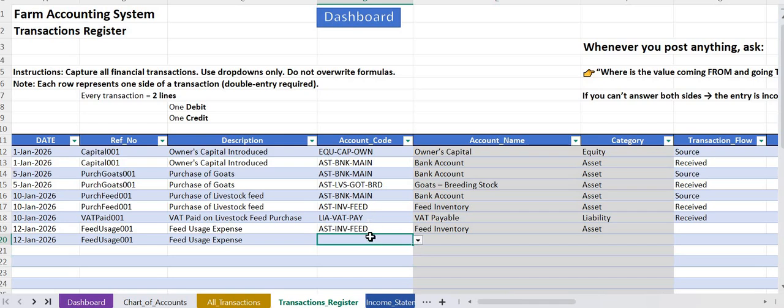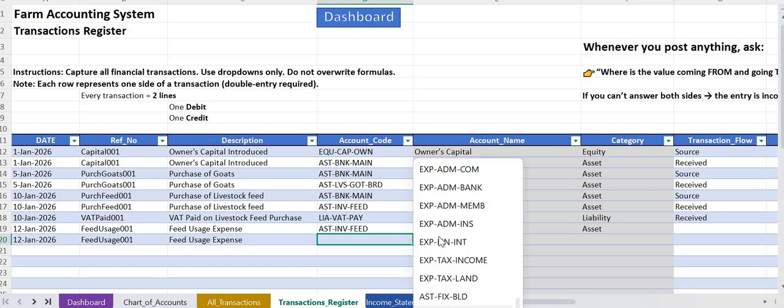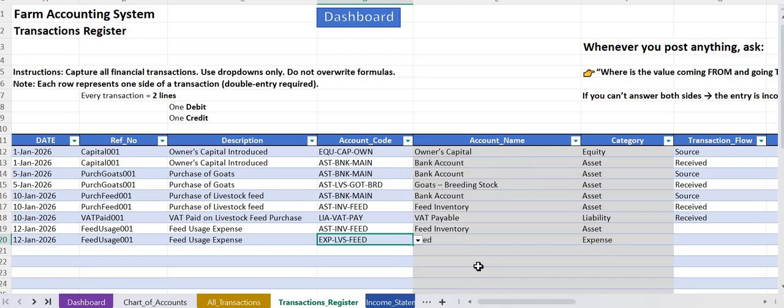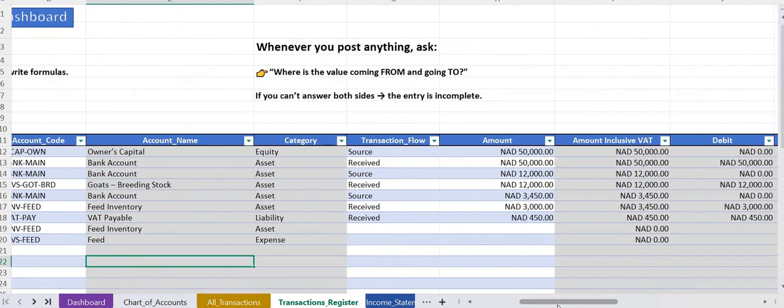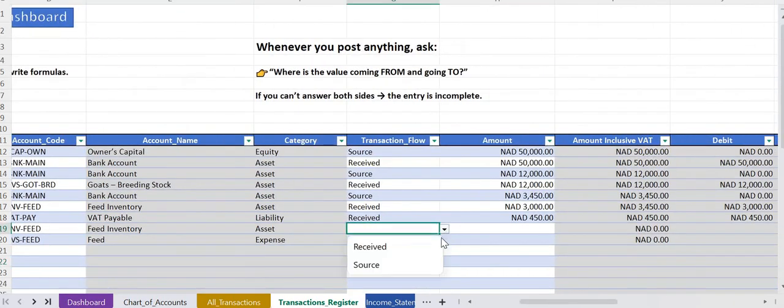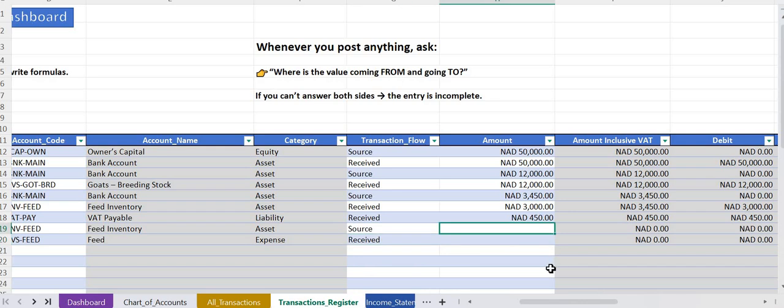The recipient of this would then be the feed expense, expense livestock feed. So not the bank, because there's no movement from the bank here. It's these two accounts that are involved. So this is the source, and this is the recipient.